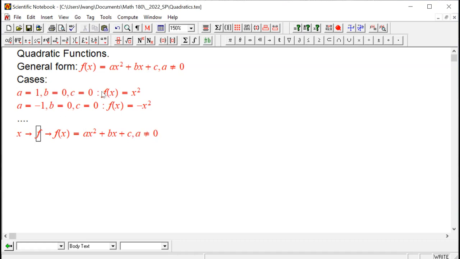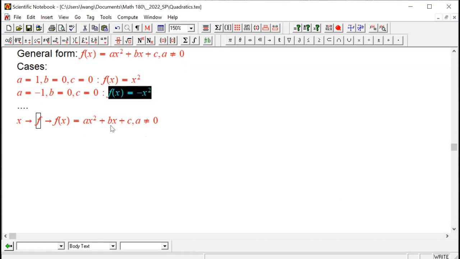Okay, so let's see how these two functions are related, x squared and negative x squared. We know x squared for sure, and how about negative x squared? These are two different rules. For the former, whatever the input, we multiply the input by itself, and the output is x squared.